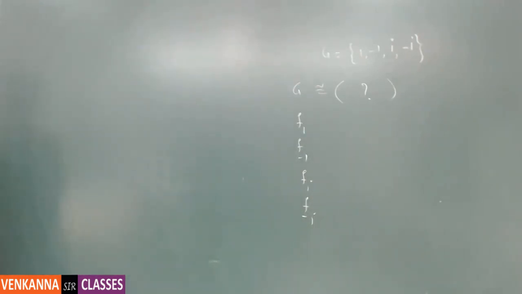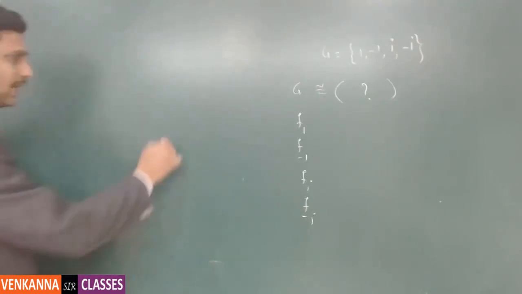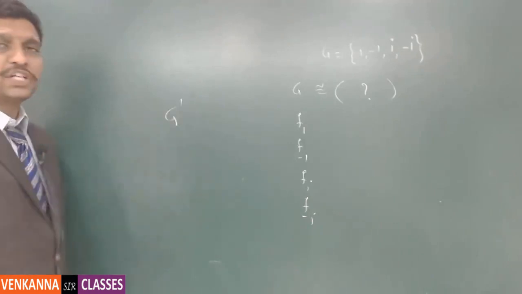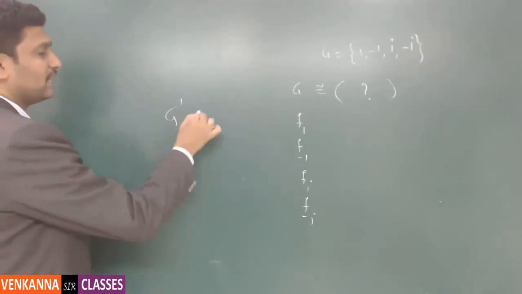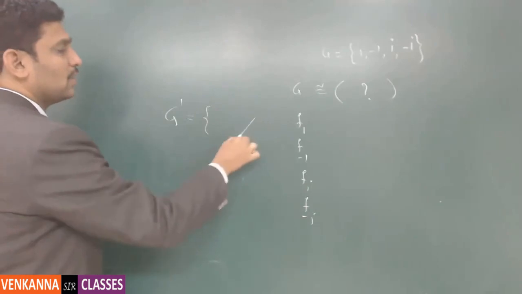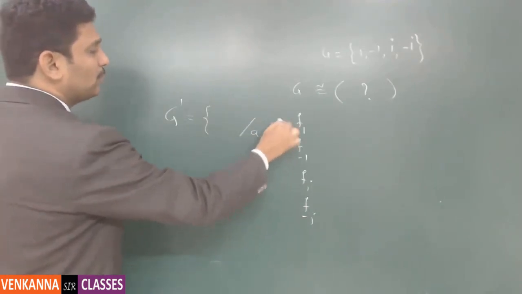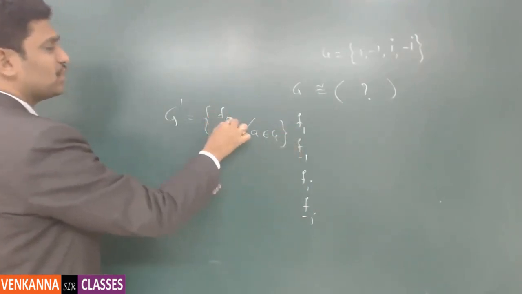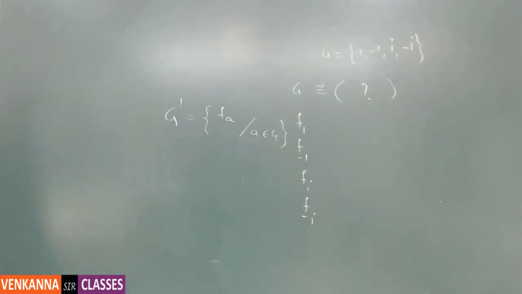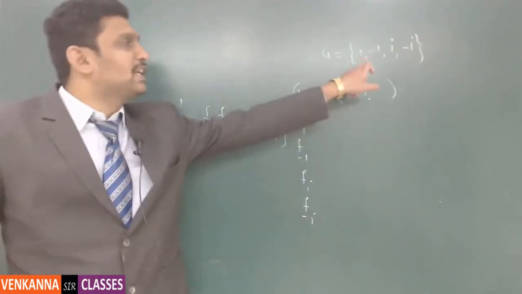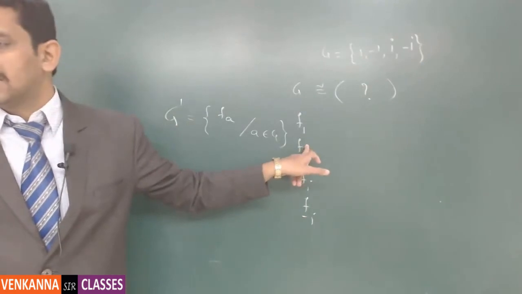Why have I written like this? Because in the theorem proof, you can observe that the permutation group G dash is defined in such a way that for every element in the group, you take the corresponding permutation. So if 1 is the element, the corresponding permutation is F1.